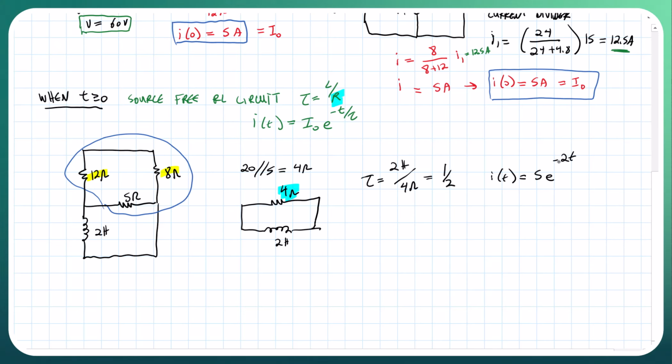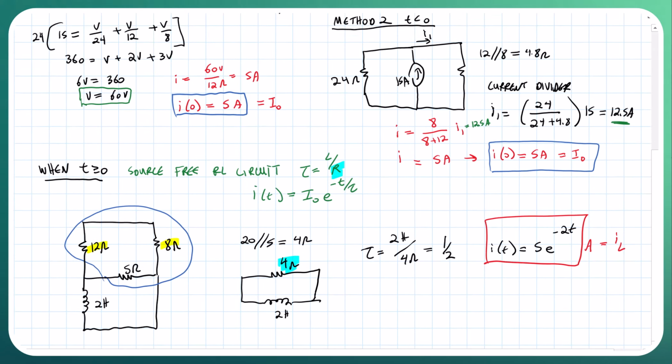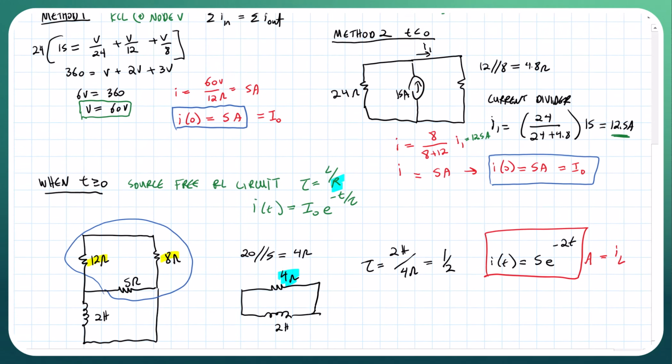We plug that in, and that's our solution: I of t is 5e to the minus 2t, in amps. This is also known as our current through our inductor. So that's how you solve this problem with two different methodologies to get the initial condition for the current, and then recognizing that this is an RL source-free circuit, we just plug into the equations and solve for I of t.